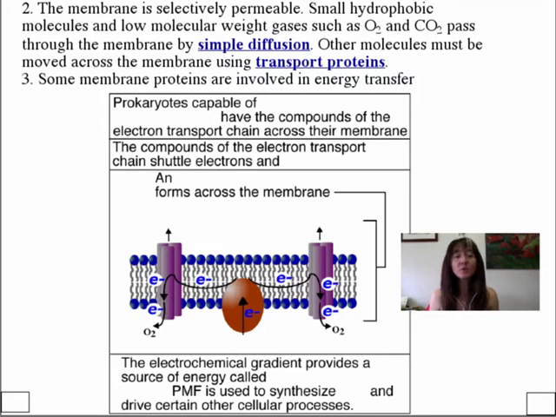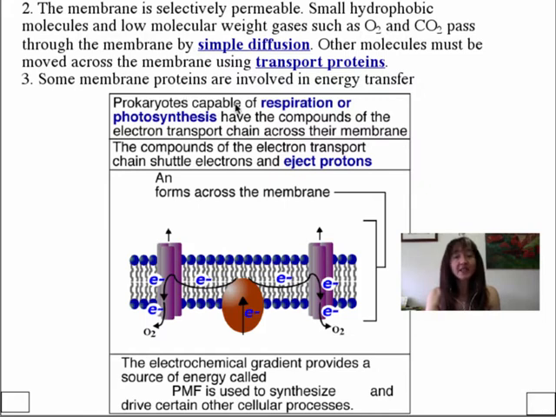In those microorganisms, spanning their membrane, we see these integral membrane proteins involved in energy generation. They transfer electrons throughout the members of this chain, and as they do so, they use the resulting energy to pump protons.